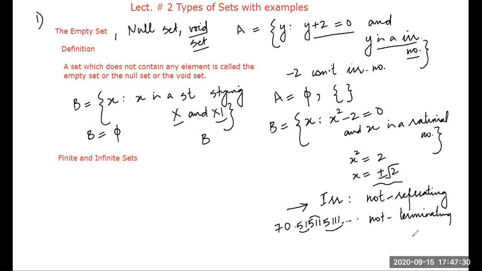Now students, we go further, defining finite and infinite sets. Let's talk about a set A. Let's say A has elements, writing in roster form, 1, 2, 3, 4, 5.